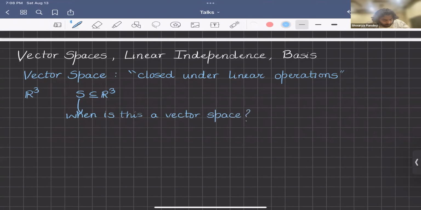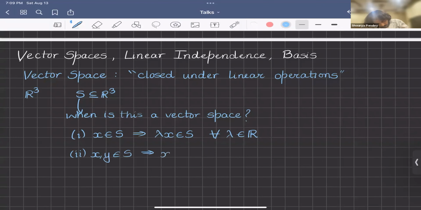We need that if X is in this set, then lambda X is in the set for any real lambda. And we also need that if X and Y are in the set, then so is the sum. And this is enough. This is what I mean by closed under linear operations.